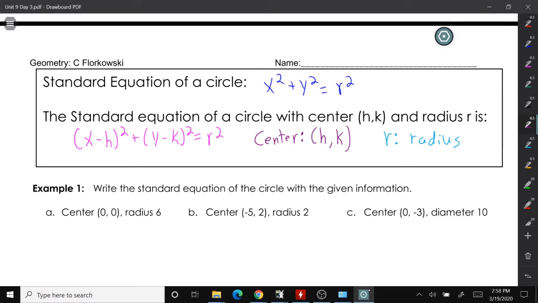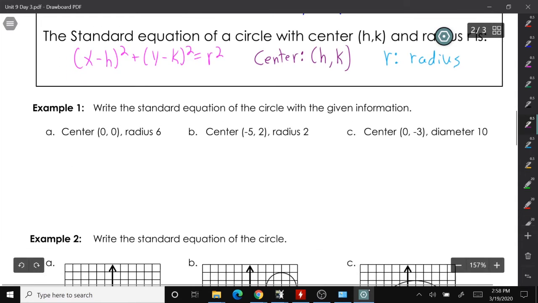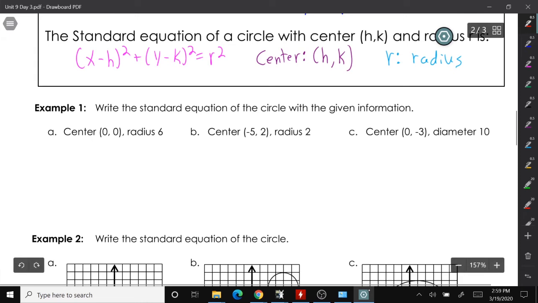So let's look at some examples, and I think you will see that this is not too bad. Write the standard equation of a circle with the given information. So the center is at 0, 0. That means my h value is 0, and my k value is 0, and a radius of 6, so r is 6. So I'm going to plug that in to my equation up here.